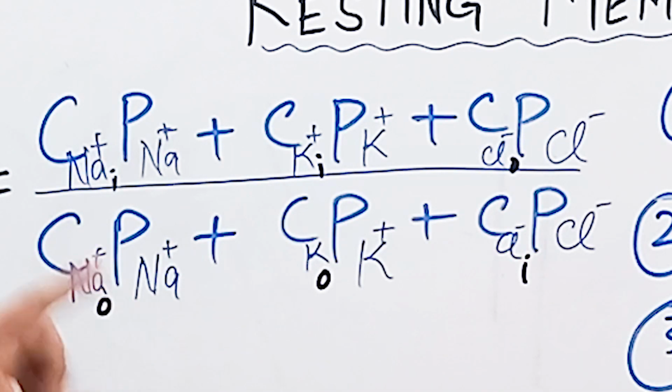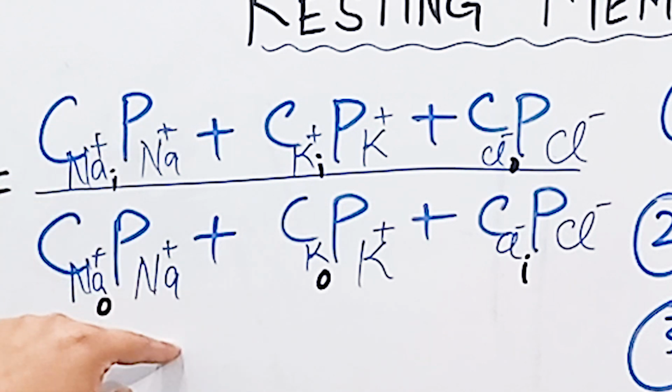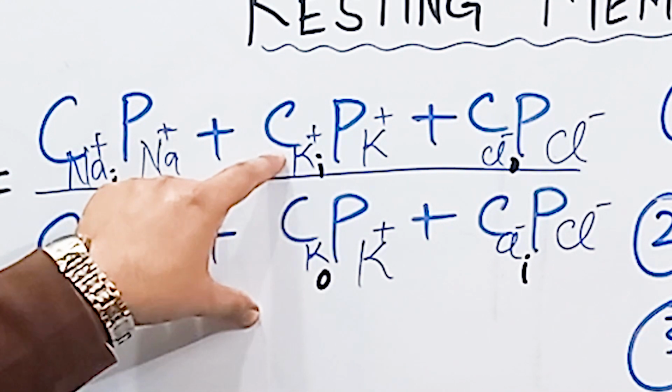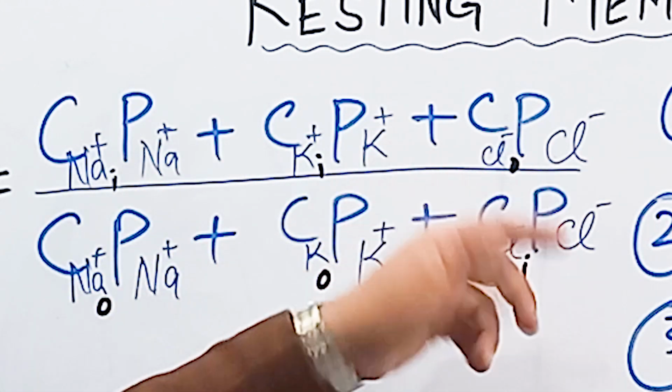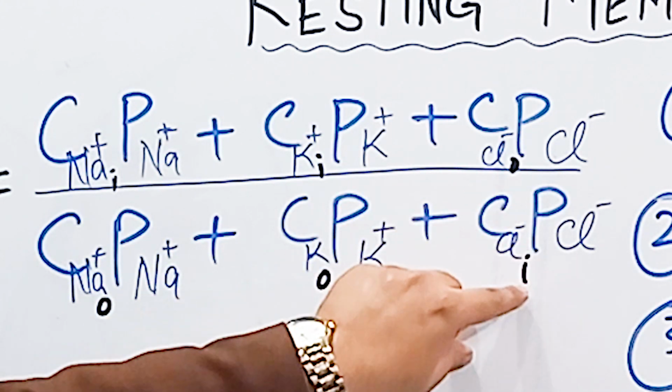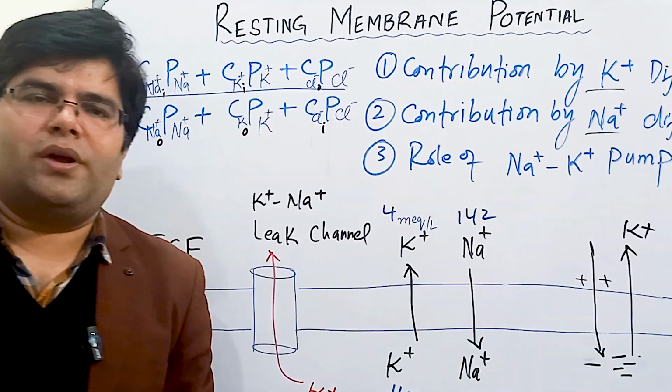And this equation takes into account both the concentration of any specific ion inside and outside of the cell, like for sodium, and also its permeability. Similarly, concentration of potassium inside and outside of the cell and its permeability. For chloride, the concentration is reversed. Here concentration of chloride is outside and then inside, and also the permeability for chloride.